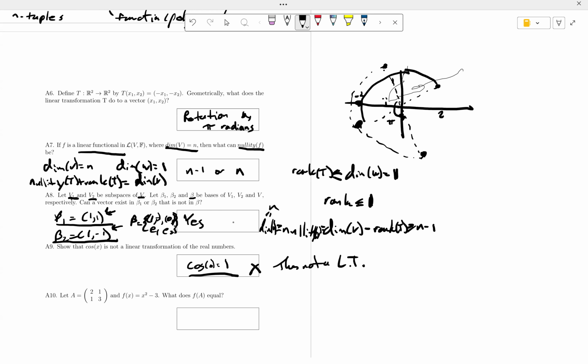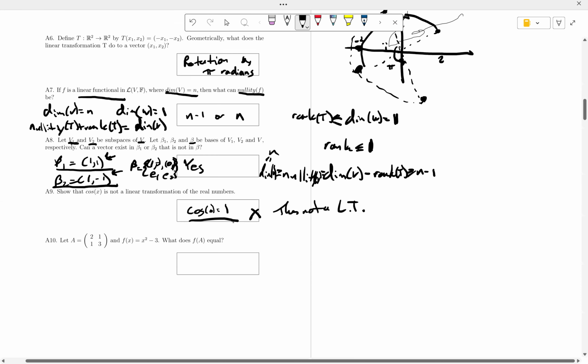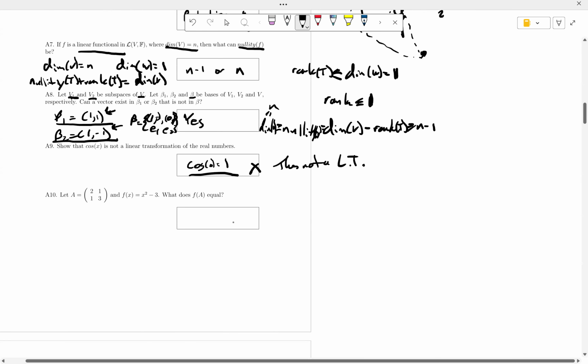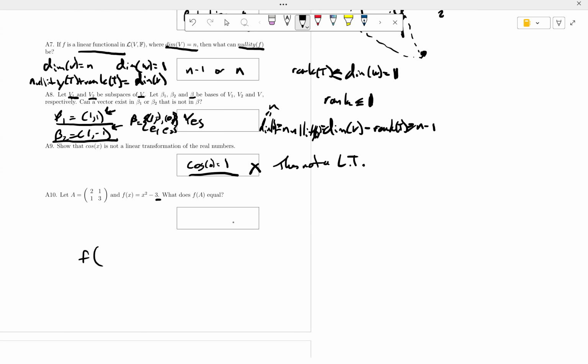Now here, it's A10, a little bit challenging, mainly because we've never seen it before. What do we mean by f of A? And this 3 is involved, which is also kind of confusing. Well, f of A, f of our matrix [2, 1; 1, 3], equals [2, 1; 1, 3] squared minus 3.